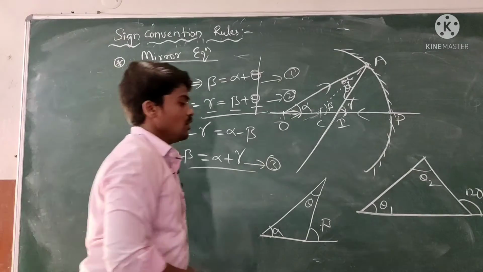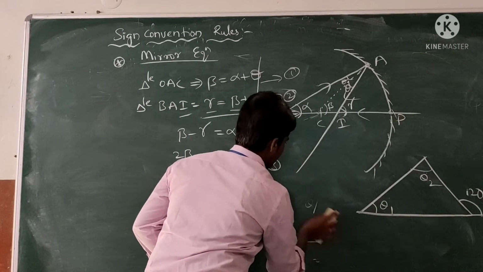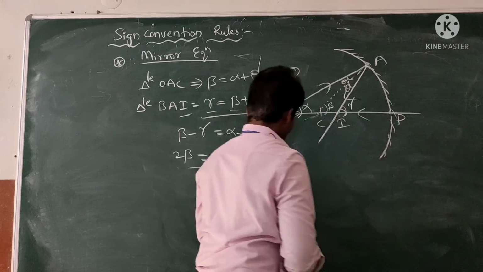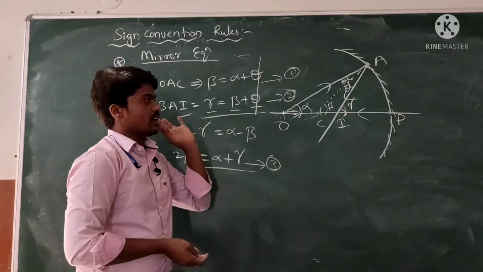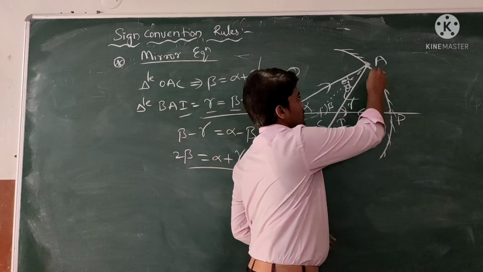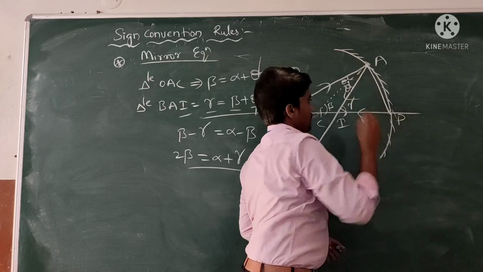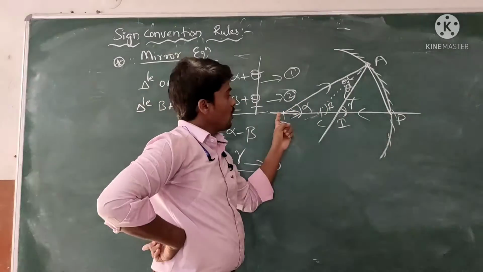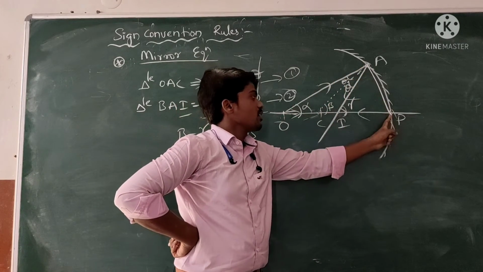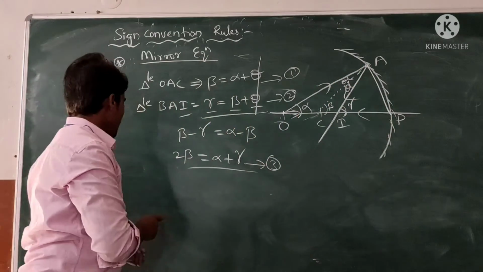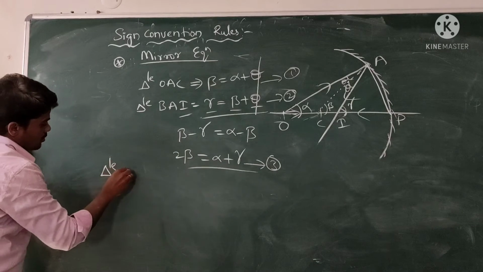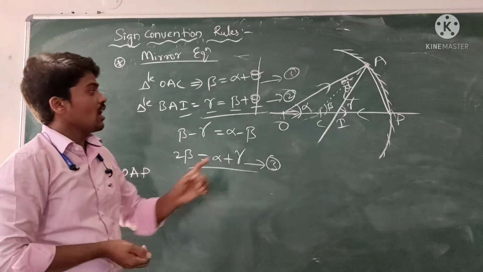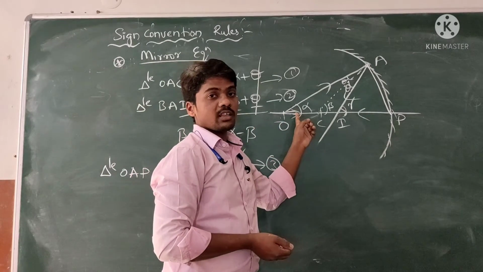For example, here we are taking 3 triangles. First, take triangle OAP. Tan alpha equals, here we take the tan.